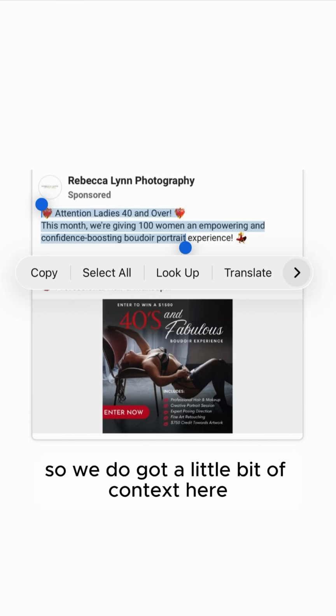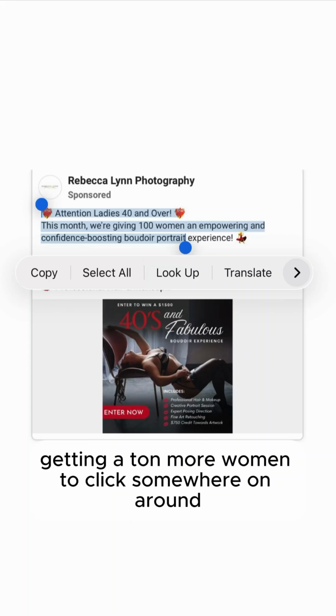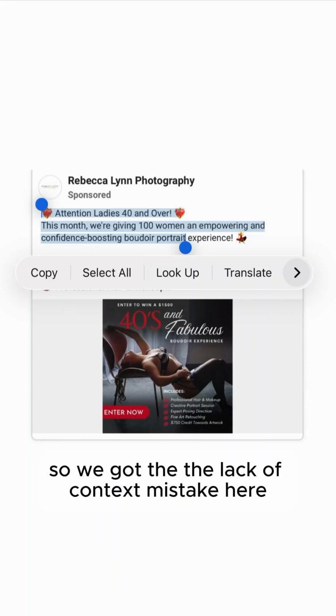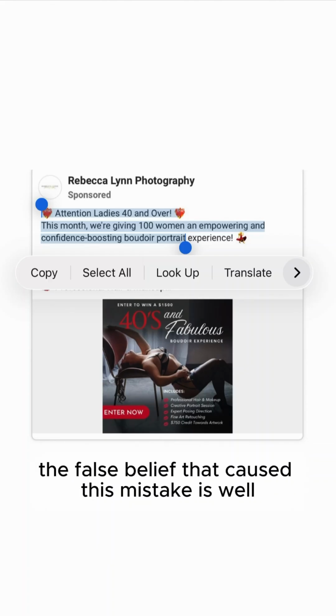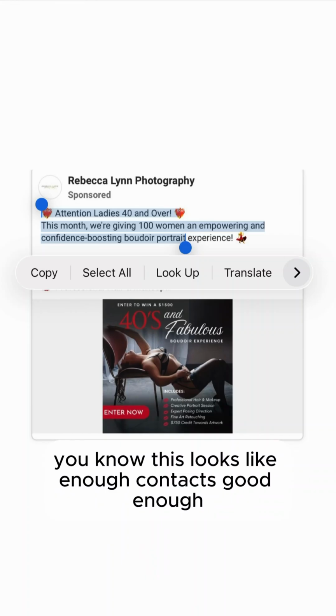Okay, so we do have a little bit of context here. Not as much as we need, though, to give ourselves the best shot of getting a ton more women to click somewhere on our ad and get our ad into their brain. So we have the lack of context mistake here. The false belief that causes this mistake is, well, we see other Boudoir Facebook ads, this looks like enough context, good enough.